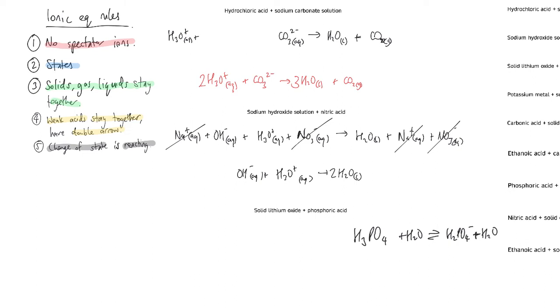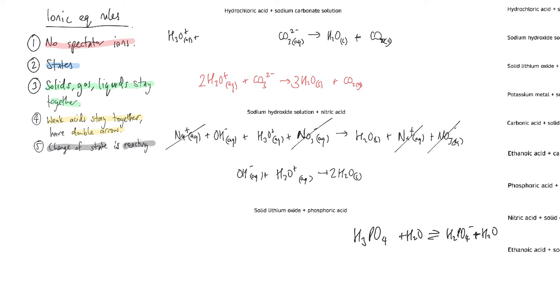Now, what happens is that when the phosphoric acid reacts with something, because this reaction here is phosphoric acid sitting all by itself with water, so this is not having a reaction. This is just sitting in water. But as soon as you put something else in with the phosphoric acid, it acts differently.